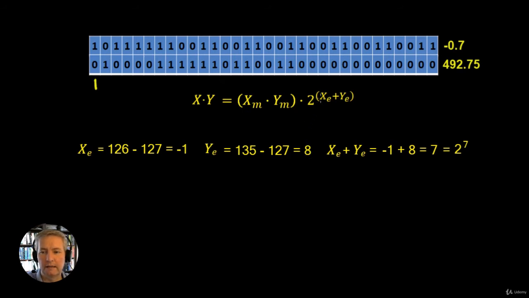So in order to get the value that we're looking for, we then have to add the minus 1 and the 8. Minus 1 plus 8 is a value of 7. So the exponent we're looking for is a value of 7. So in effect we have 2 to the power of 7. But that's not the complete story, because this exponent value may have to be changed, and we'll see that whenever we go ahead now and look at the multiplication.